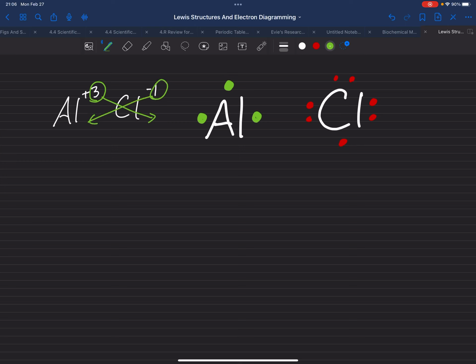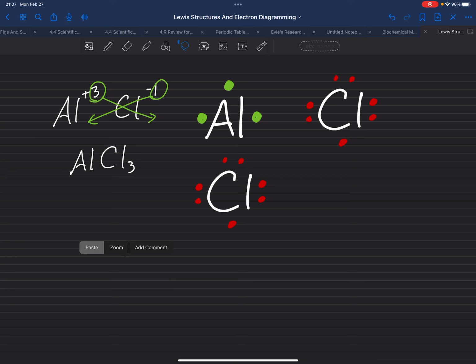We're left with the formula AlCl3. What that means is that for my chlorine, I have to have how many of them? 3. And so I'm going to put in another one and another one.